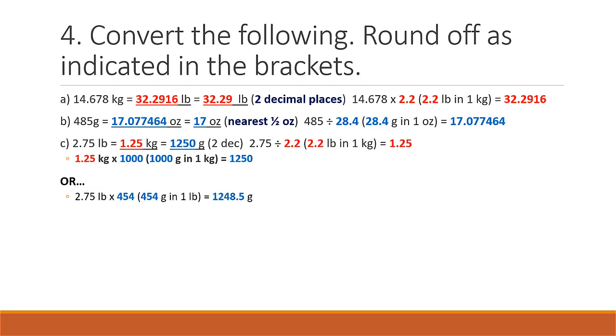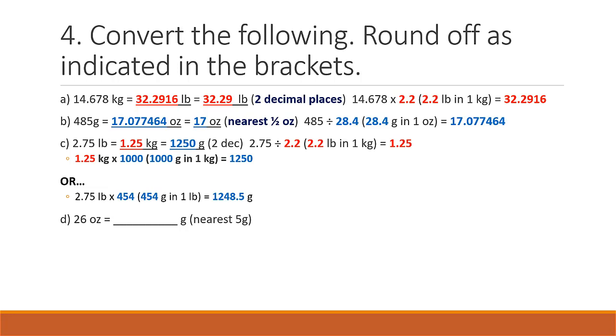Both answers are correct, but if you don't show me the logic you use to calculate your answer, you won't get a mark for the correct answer. Because if you were doing 2.75 pounds multiplied by 454, your answer should not be 1,250. So depending on what way you want to go, you can get a slightly different answer. Showing your logic becomes super, super important.